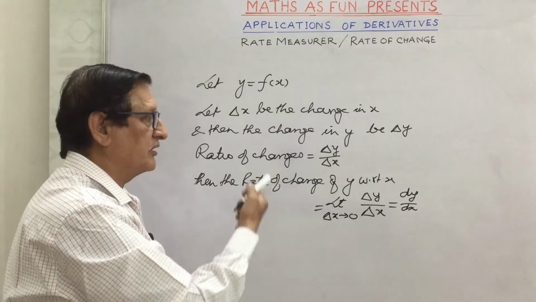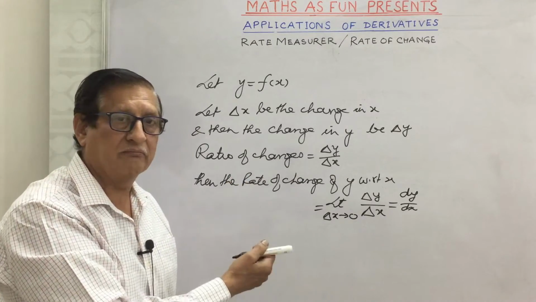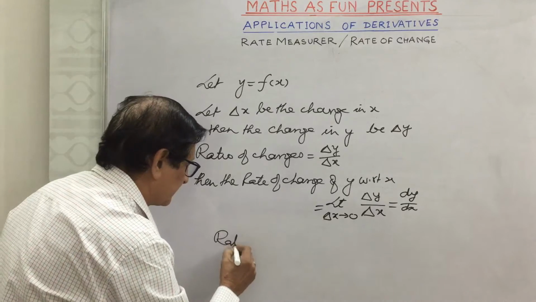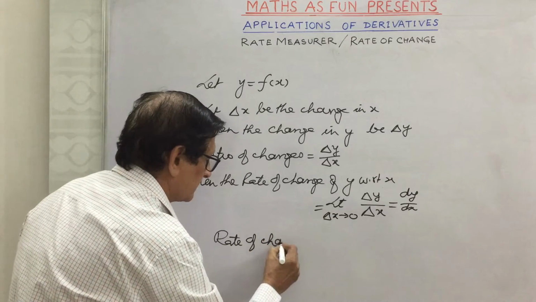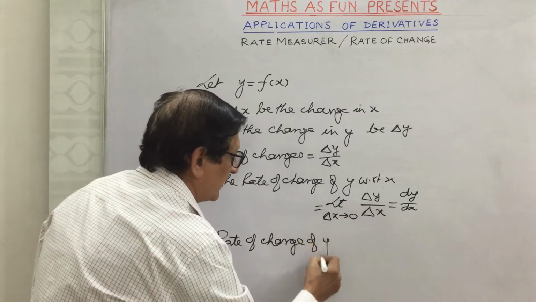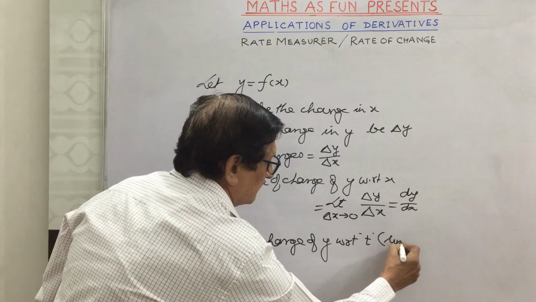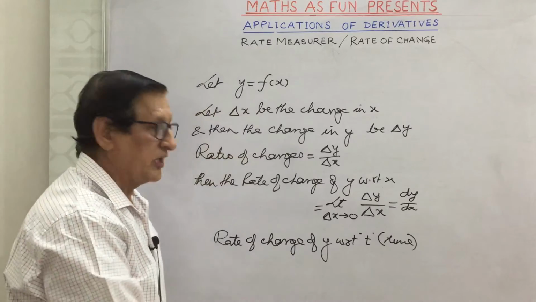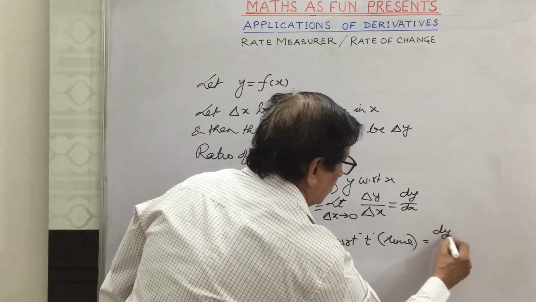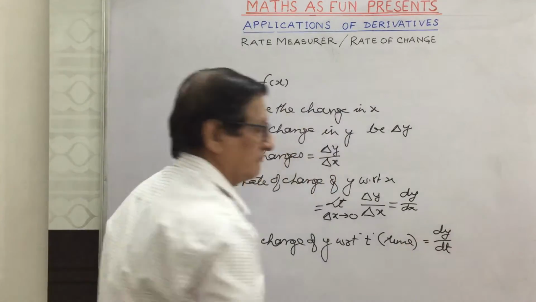And if we find the rate of change of y with respect to time t, then it can be given as dy upon dt.